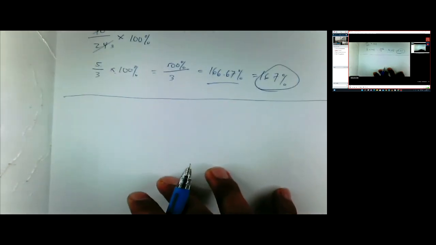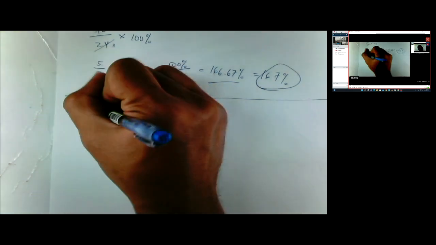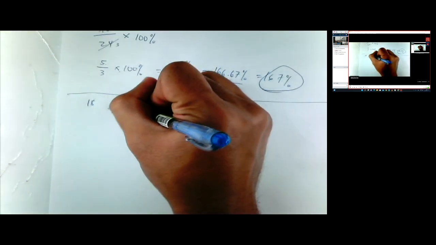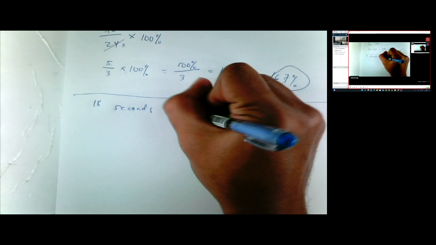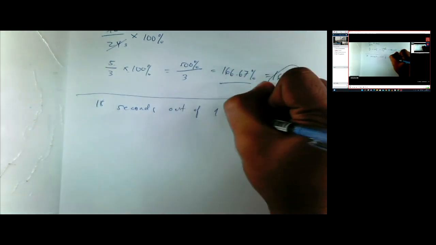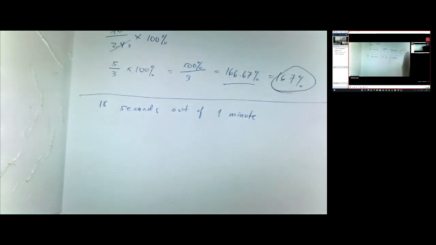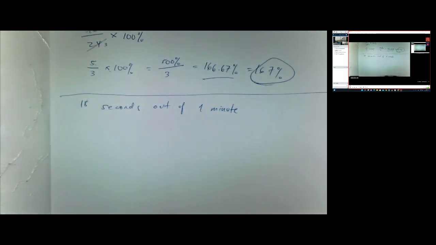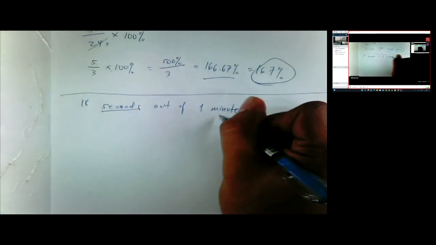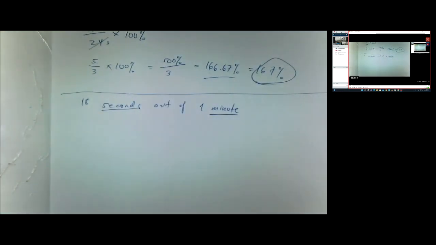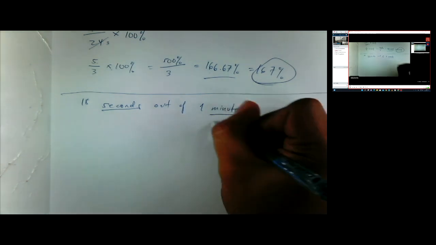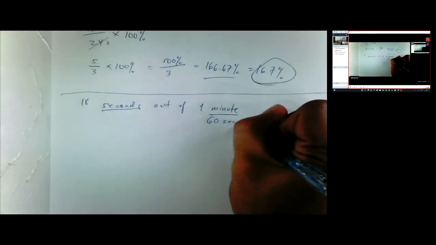Question number two, we have 18 seconds out of 1 minute. As you can see, this is seconds, this is minute. Now, how many seconds in 1 minute? 60. 60 seconds.